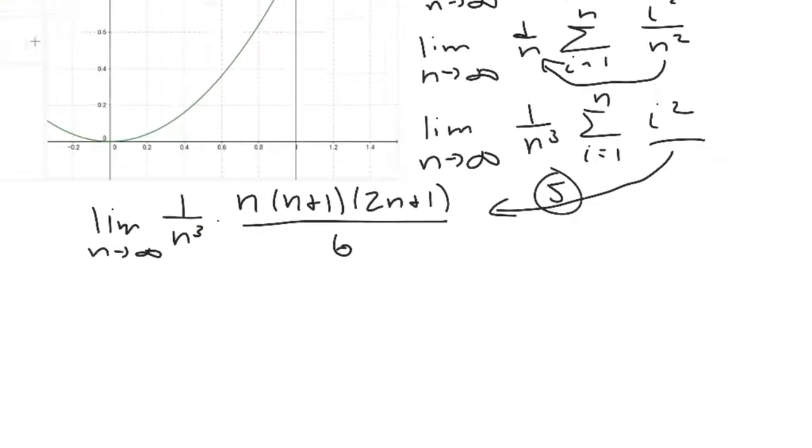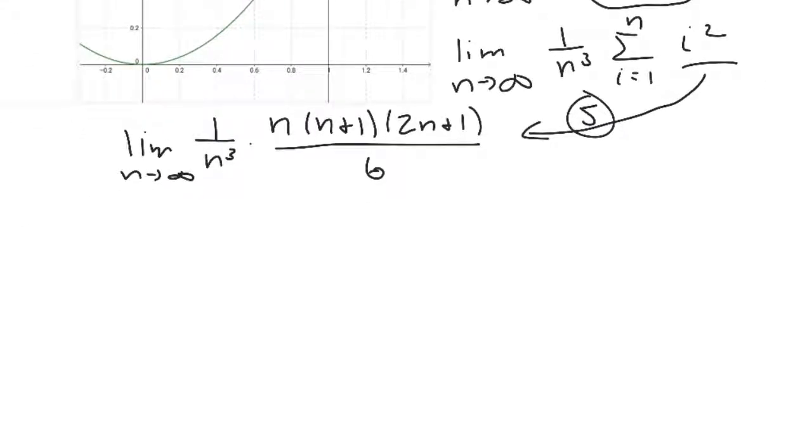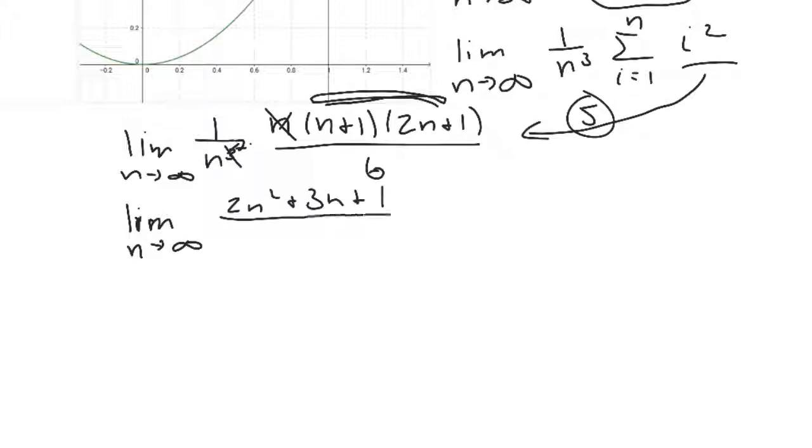Now we continue. We go with canceling this 3 with that, and that becomes a 2. So now I'm going to multiply those two together, and I get the limit as n approaches infinity of, and I'm going to multiply these two polynomials together, 2n squared plus 3n plus 1 over 6n squared.